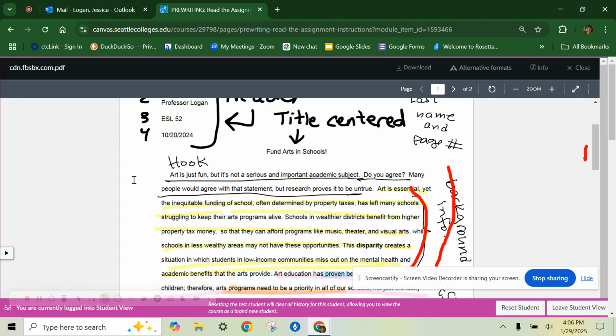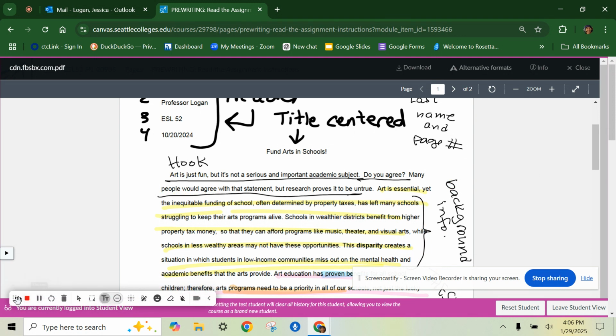An essay's introduction is a bit different from a typical paragraph because we don't start with a topic sentence. We start with a hook, and then we have some background information to set the reader up with what they need to know to understand.